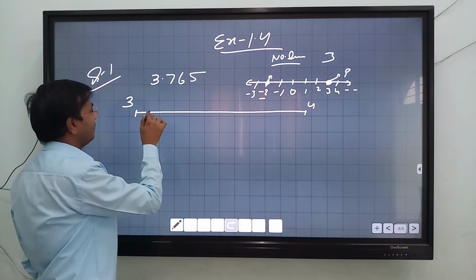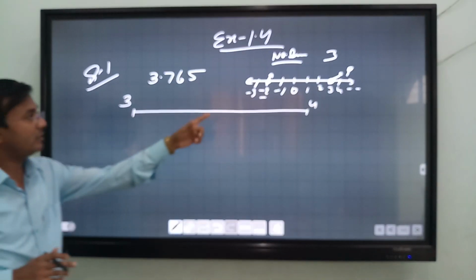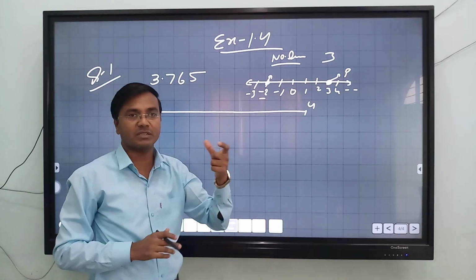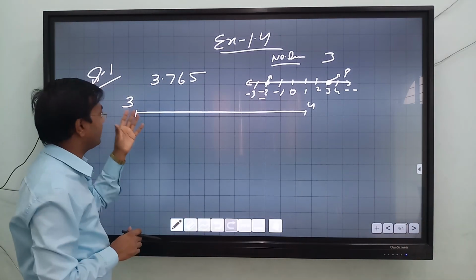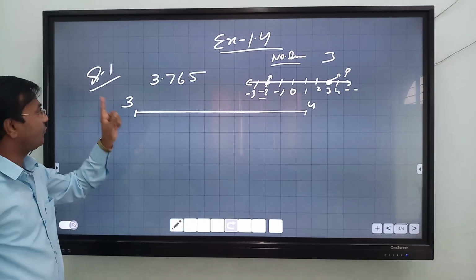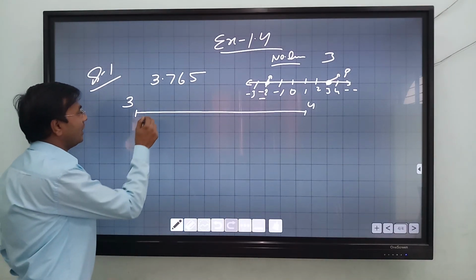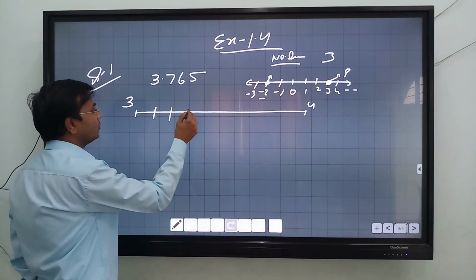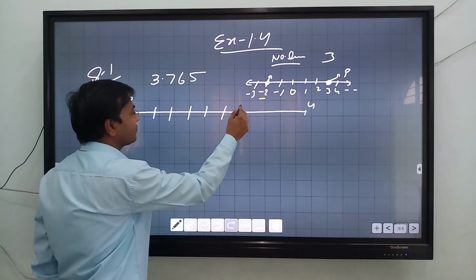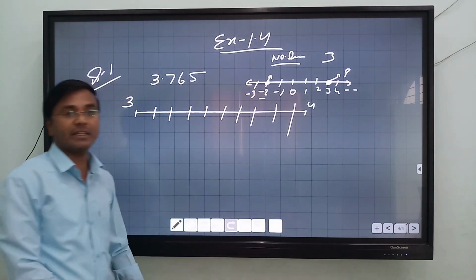we make a division on the scale. As you know, 1, then 2 comes after some certain divisions, but in the number system there should be 10 divisions to get to 4. So from 3 to 4, how can you approach? There are 1, 2, 3, 4, 5, 6, 7, 8, 9 and this one is the 10th part.